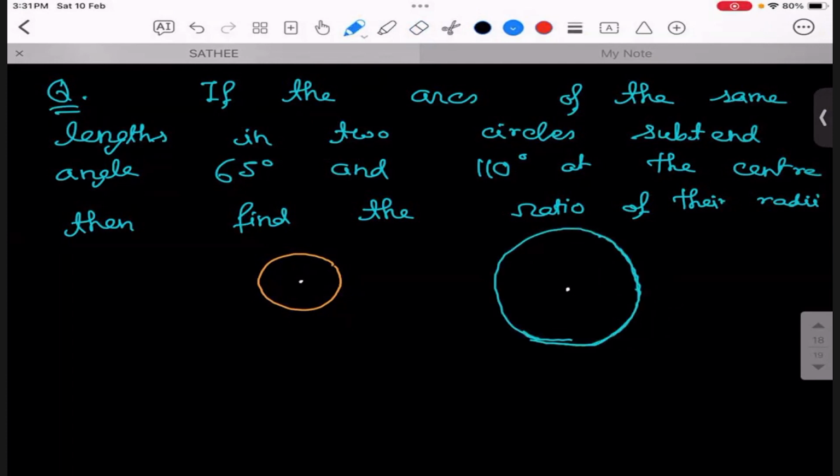What is the radius of this one? It is this, and in this case, it will be this. Now the question is, the arc length is the same. So in both cases, suppose the arc length is x.